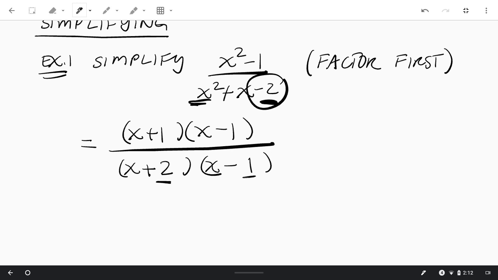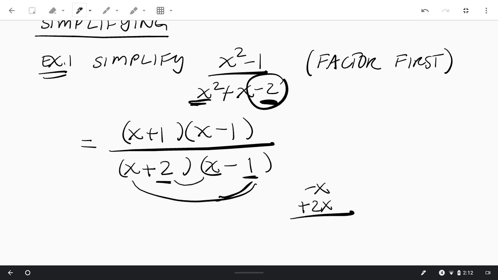But do we get +1x for the middle? The way you check, do this outside product. When you take that outside product, we get -1x. You should be able to do this in your head, but I'll do it off to the side. -x. And then this inside product is +2x.